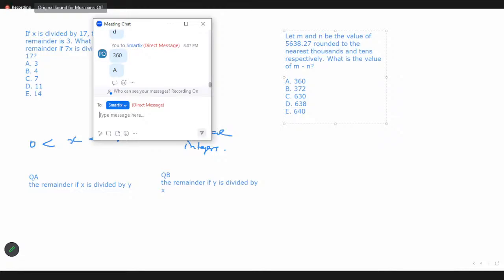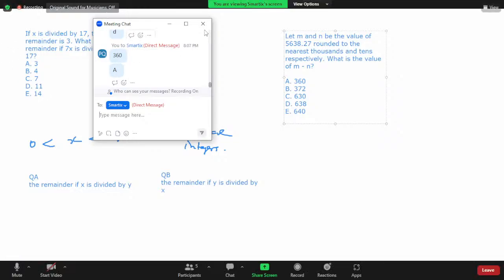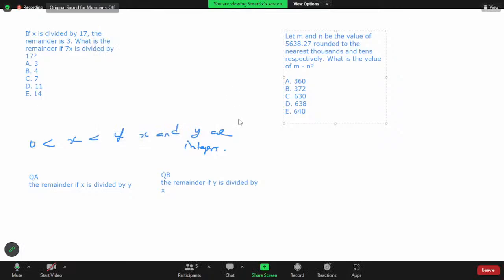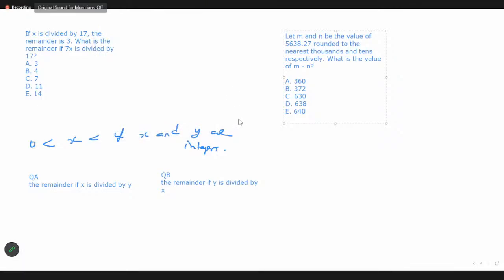Yeah, Stacy is correct. Why did it take you so long, Stacy? I was very confused. Or you thought there was some trick inside? Yes. My tens and ones were confusing me.